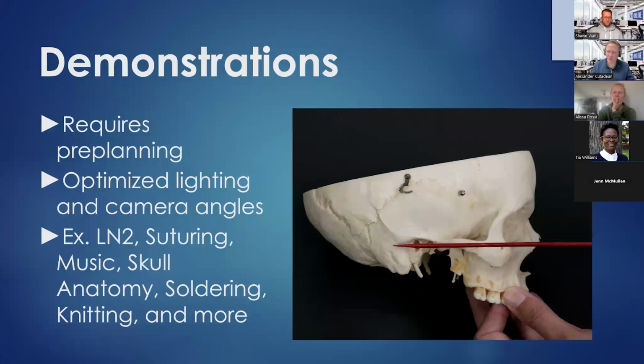Each demonstration is going to be unique, and so we want to make sure we have those correct angles. Do we need to show perspective over the shoulder, as if the viewer is watching from the angle that the demonstration is being presented, or do we need to really zoom in? Do we need a tight shot? Do we need to show somebody's hands? Things like that.